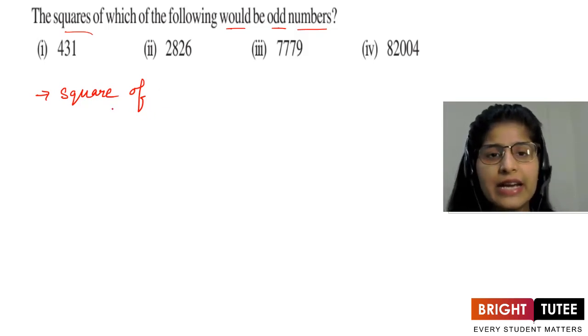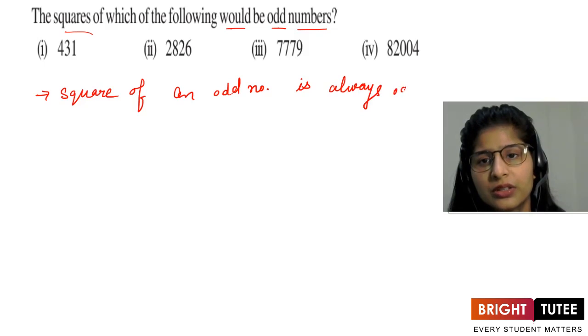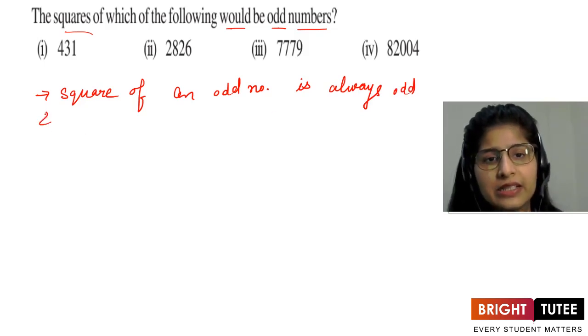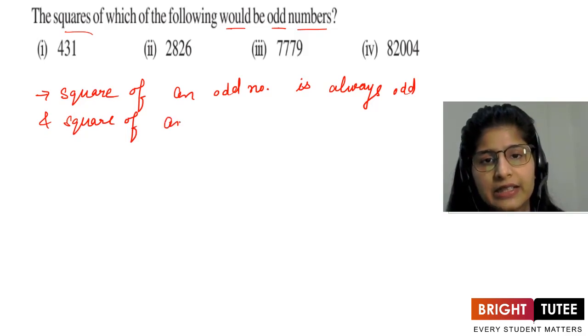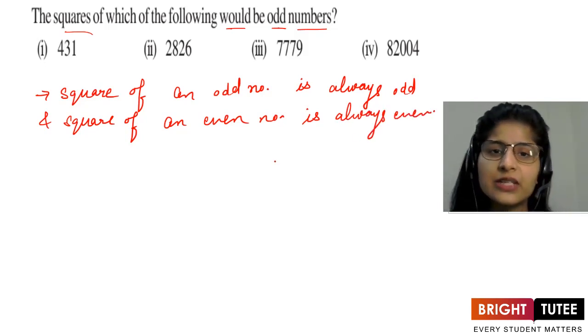So you will write: square of an odd number is always odd, right? And square of an even number is always even, right? This is what we know.